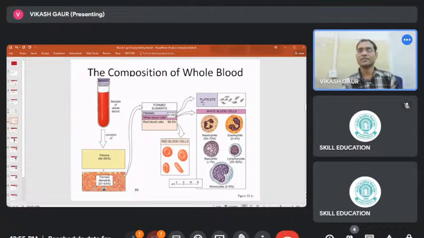The second are platelets, also called thrombocytes, and white blood cells. There are five types of white blood cells: neutrophils, eosinophils, basophils, lymphocytes, and monocytes.